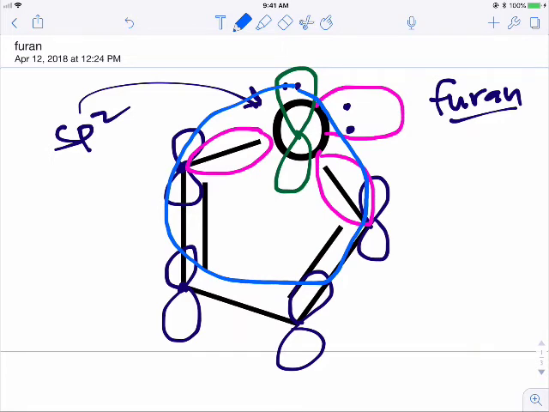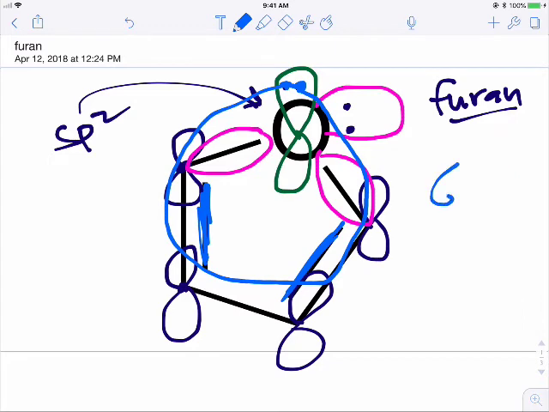In addition, let's count up how many electrons are in the pi system. We've got 2 electrons in that pi bond, 2 electrons in that pi bond, plus the 2 electrons that we just relocated into the new p orbital on oxygen.